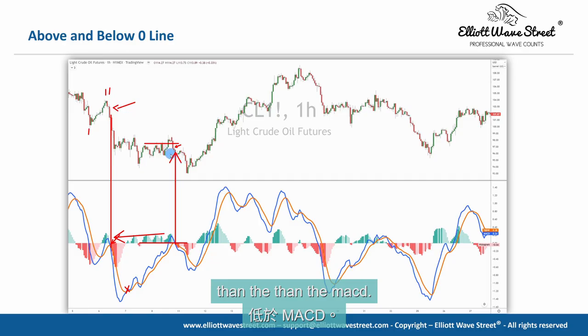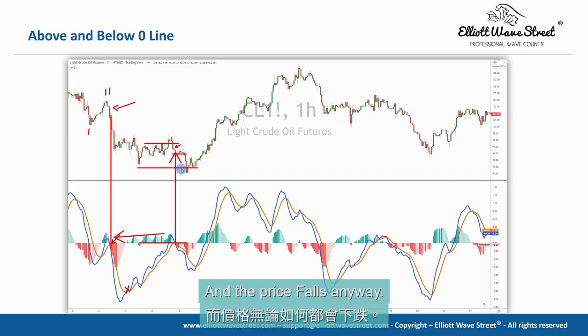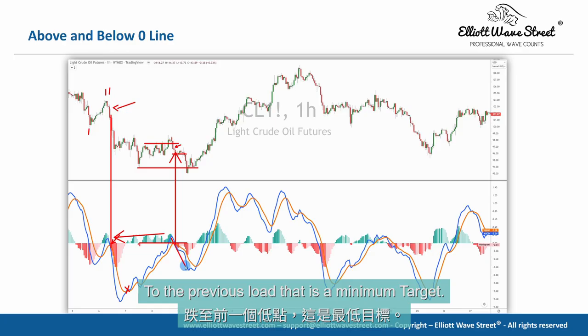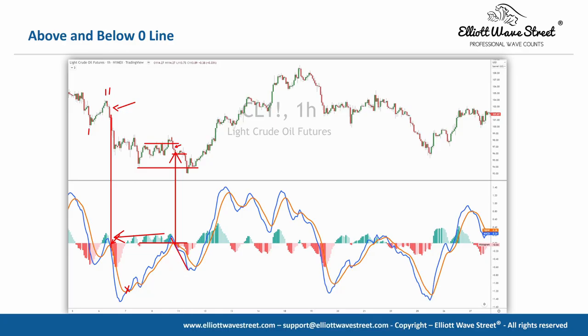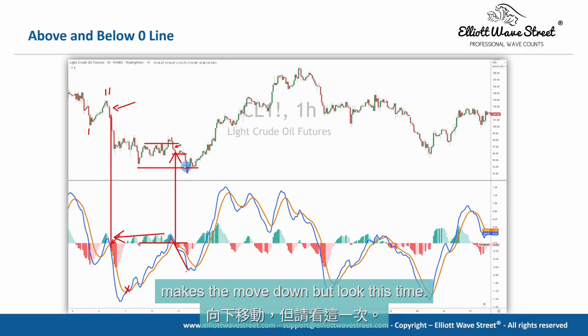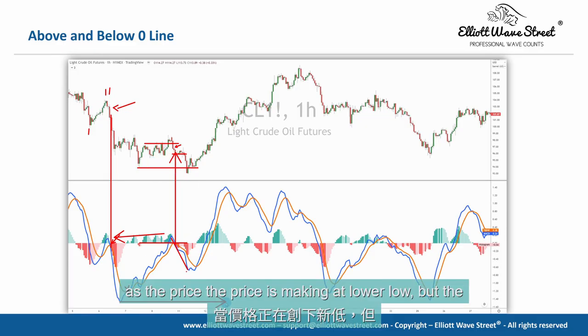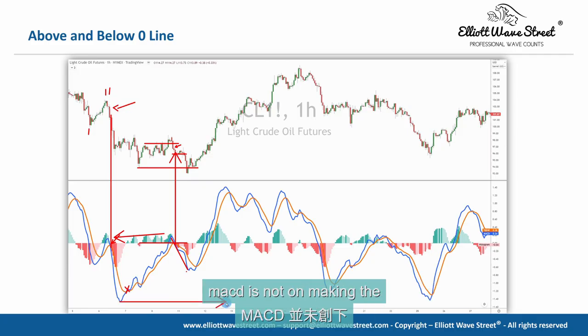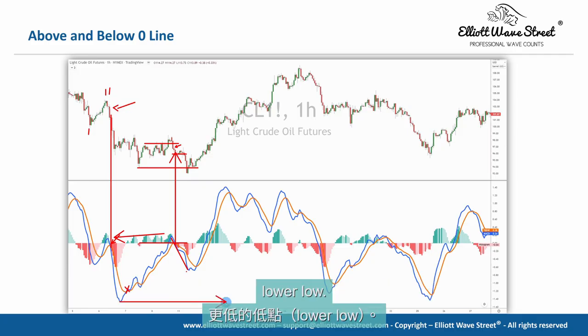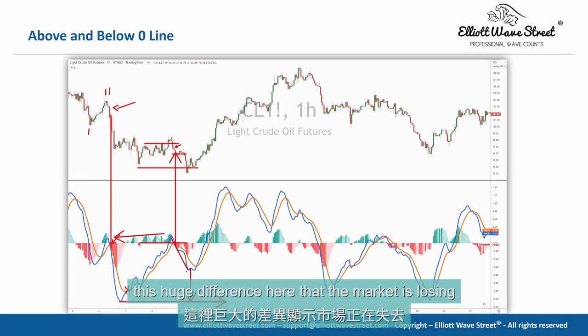And the price falls anyway to the previous low, which is a minimum target, and the MACD makes the move down. But look, this time it is unable to make a lower low like the price. The price is making a lower low, but the MACD is not making the lower low. That's telling us this huge difference, that the market is losing momentum.